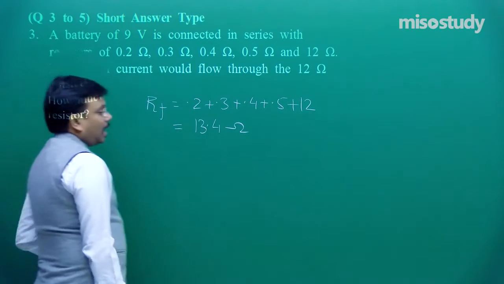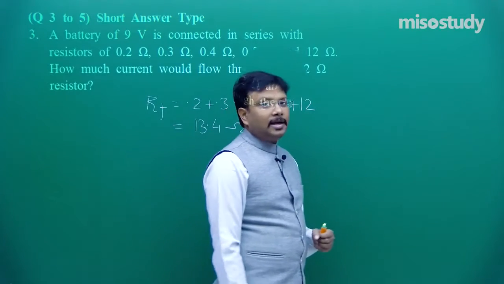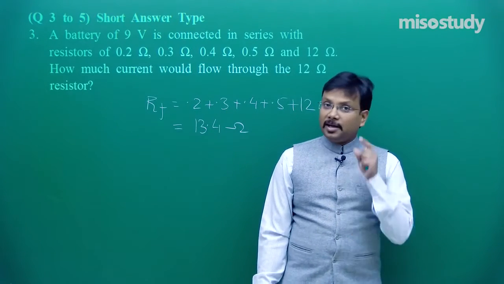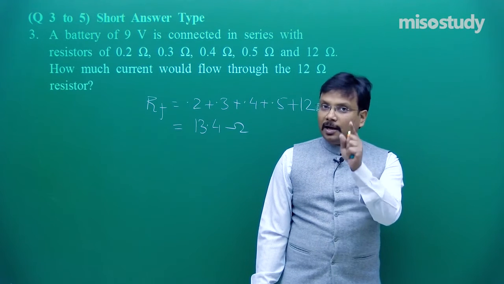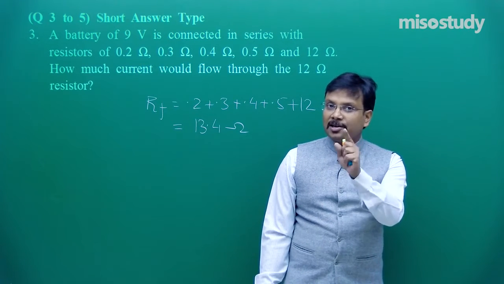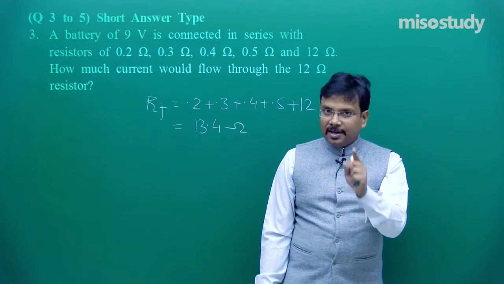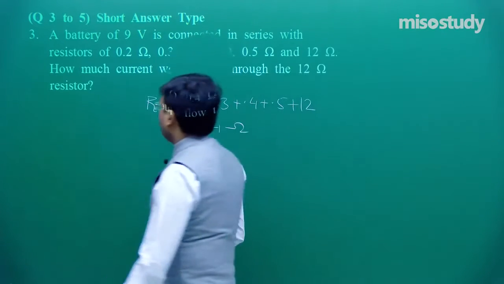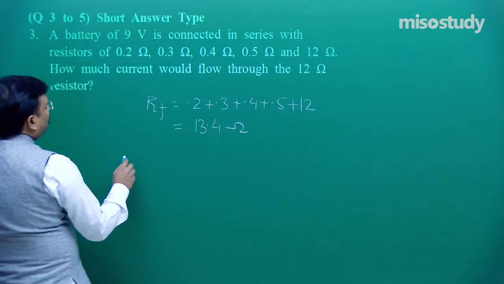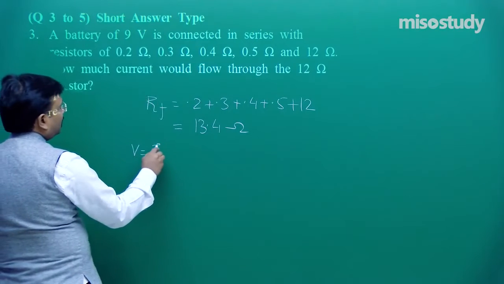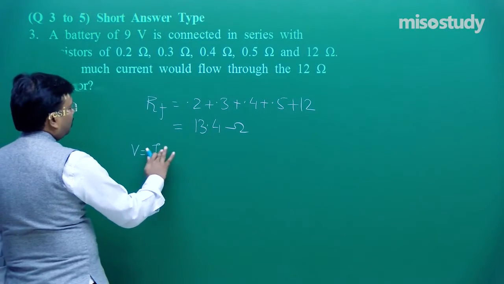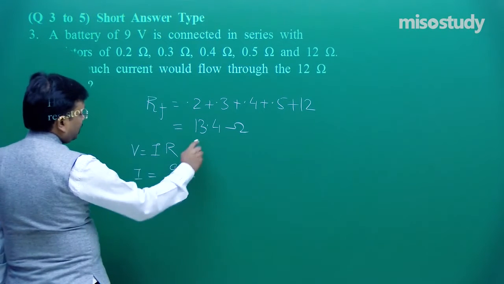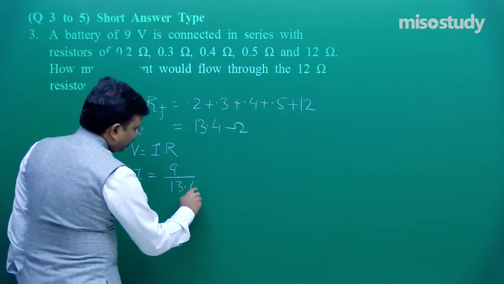Now, current, as you know, I already explained, I devoted a good amount of time on this aspect. In series combination, current through all resistors is the same. So, therefore, using V is equal to IR, I is equal to 9 upon 13.4.